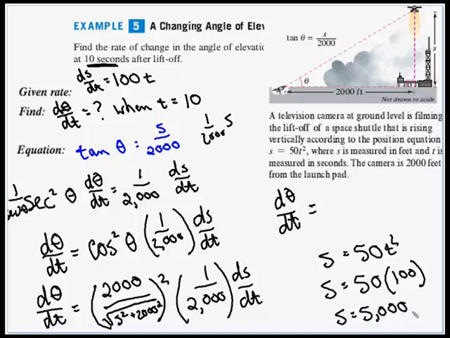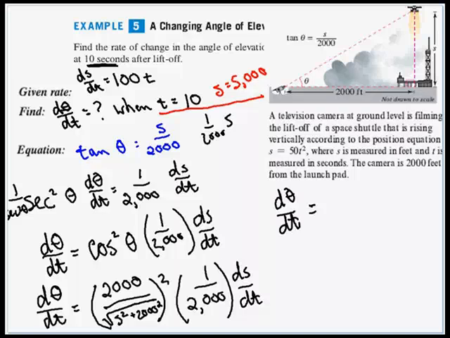So s is 5,000 at this instant in time that we're checking the change in this angle of elevation. So now we have, and we'll underline it in red, when t is equal to 10, and also when s equals 5,000. That's our snapshot in time.